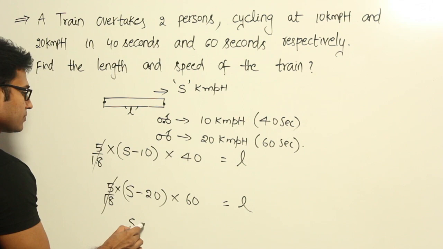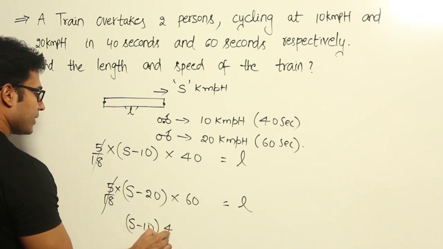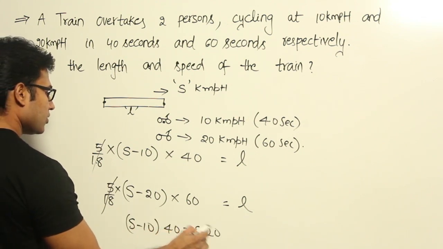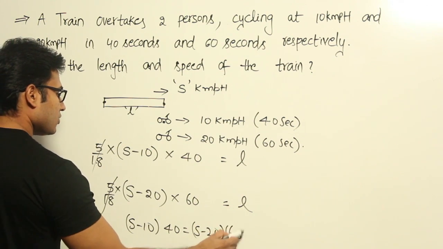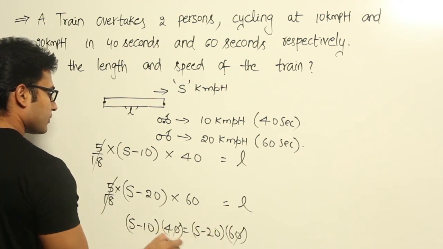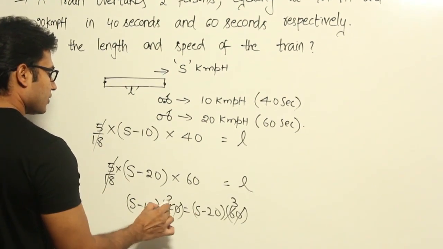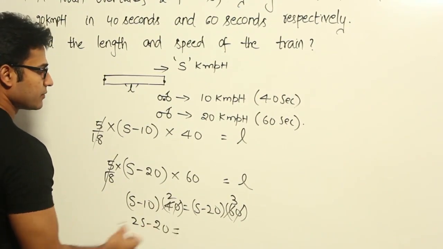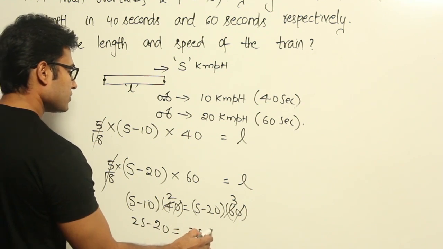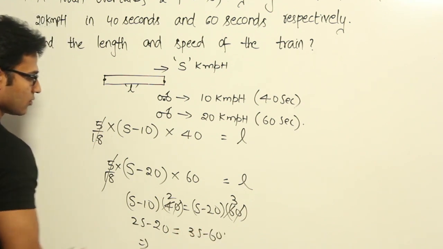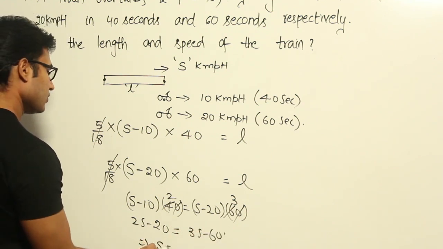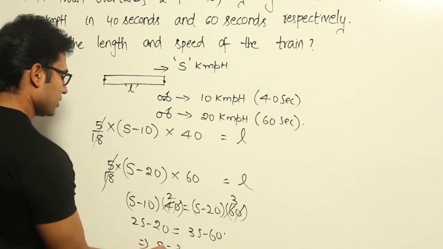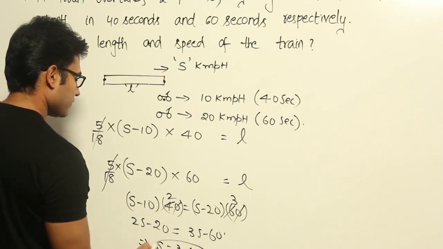Then s minus 10 into 40 is equal to s minus 20 into 60, right? So it is going to be 40s minus 400 is equal to 60s minus 1200. Now what do you get? s equal to 40, I think. s equal to 40.